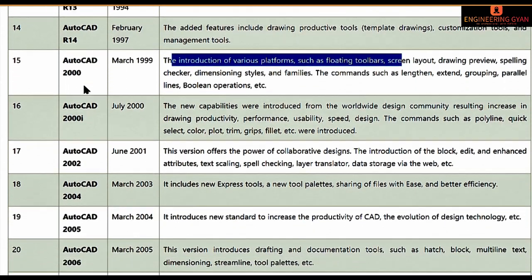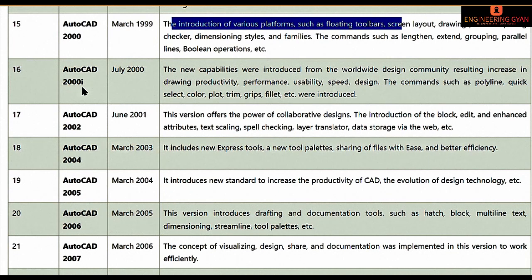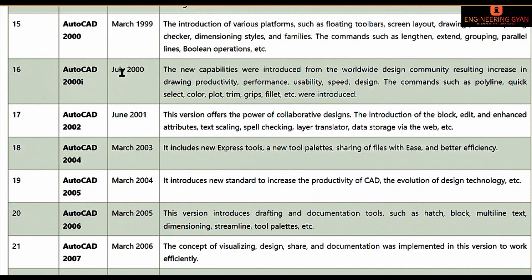AutoCAD 2000i, in July, new capabilities were introduced from the worldwide design community, resulting in increased drawing productivity, performance, usability, speed, design, and commands such as polyline, quick select, color, plot, trim, grips, fillet, etc. were introduced.